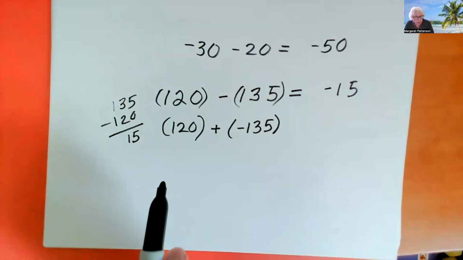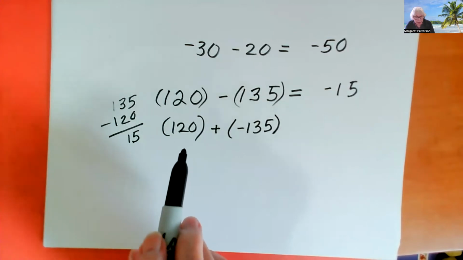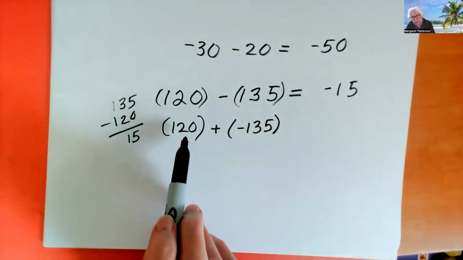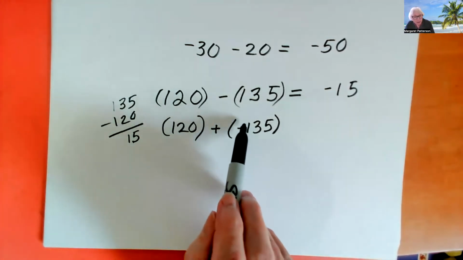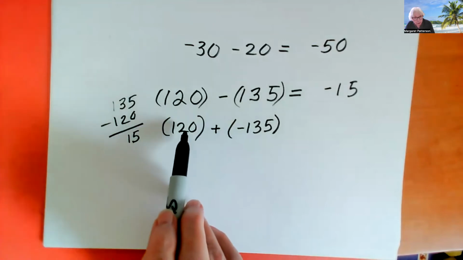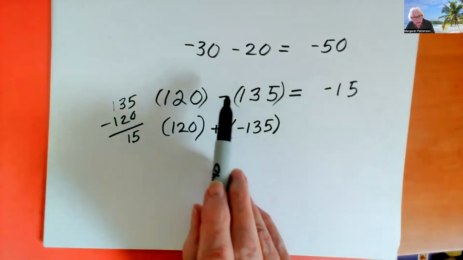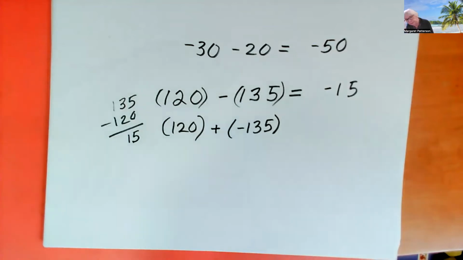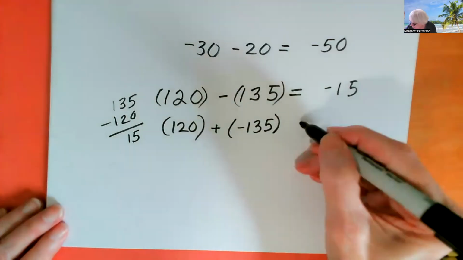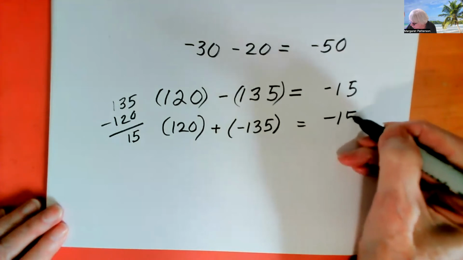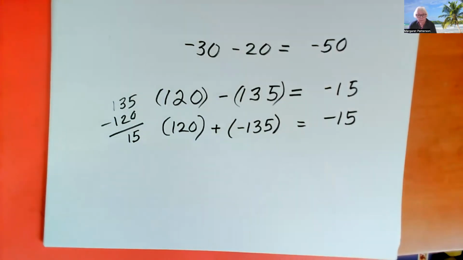Whether that's necessary or not is hard to tell. I can't tell without talking to you individually. But this is how it ends up. You have 120 to the positive, you have 135 to the negative. But I could kind of see that from up here. And so it ends up being negative 15, no matter how you slice it. Okay.